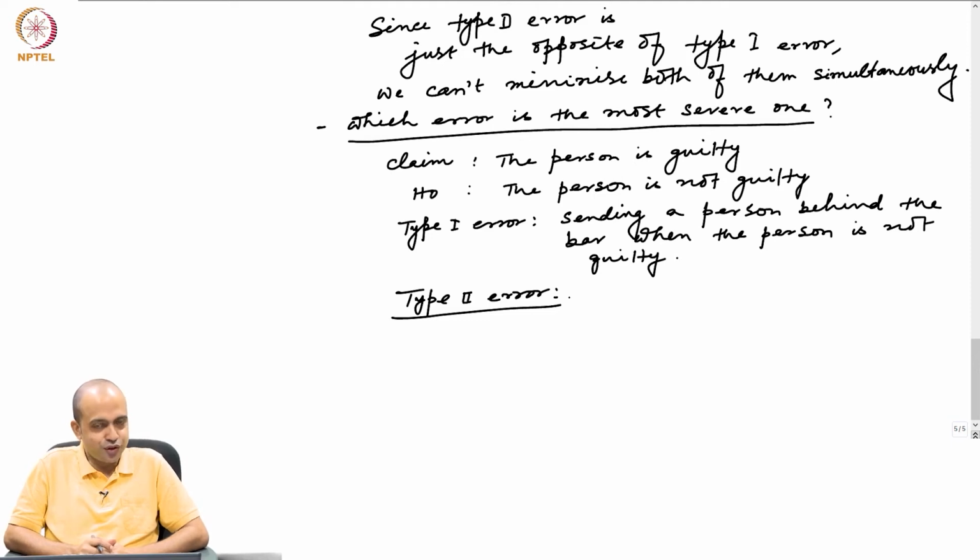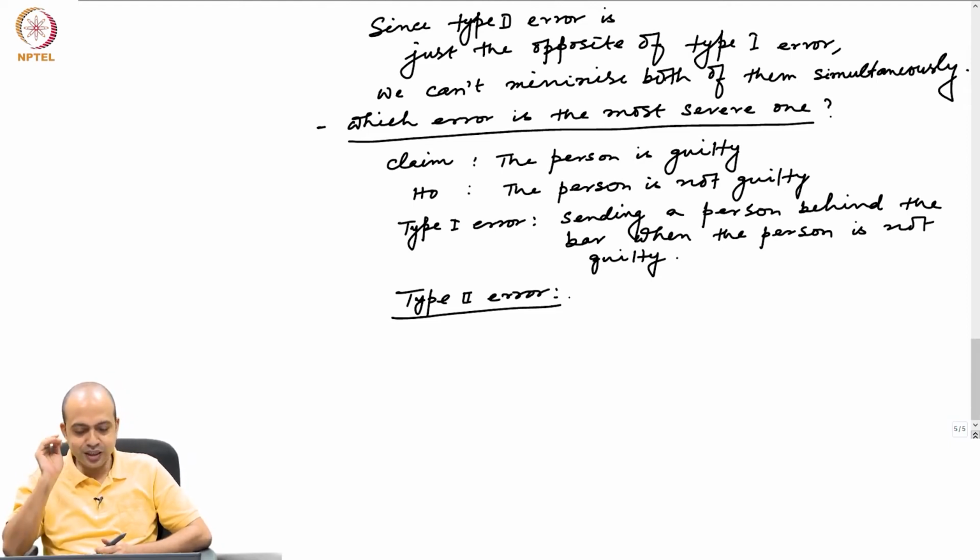So, you are sending an innocent person behind the bar when you are committing type 1 error. Then what is type 2? What is type 2 error?